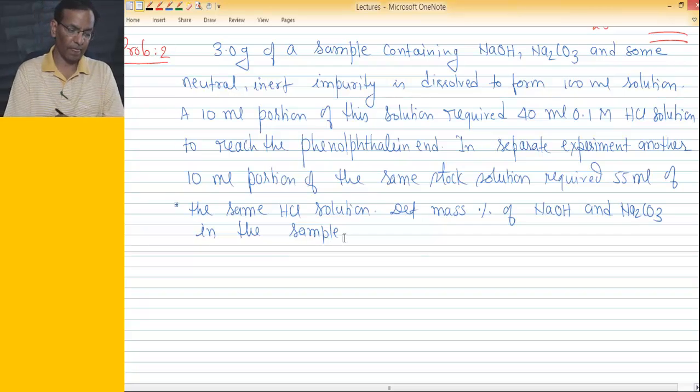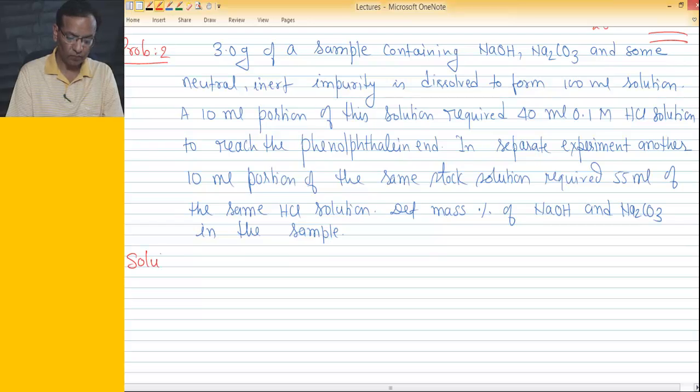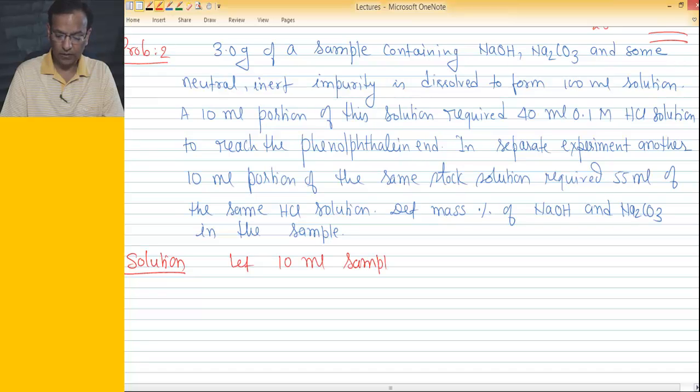So once again, what we are going to do, let us assume, let 10 ml sample solution contain X millimole NaOH and Y millimole sodium carbonate.